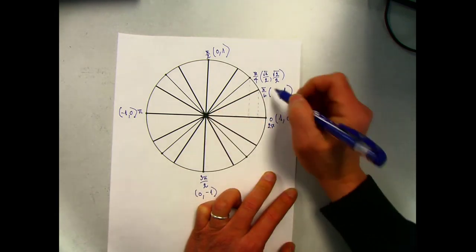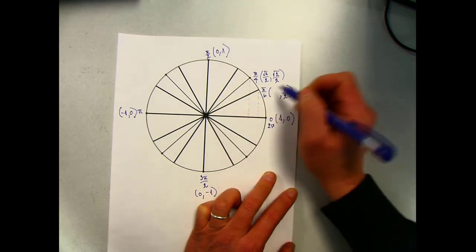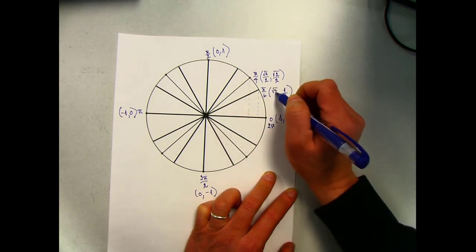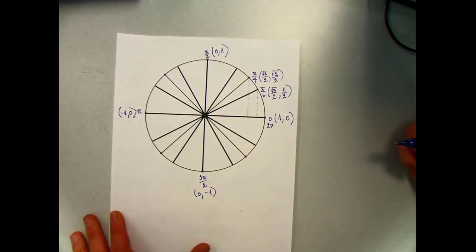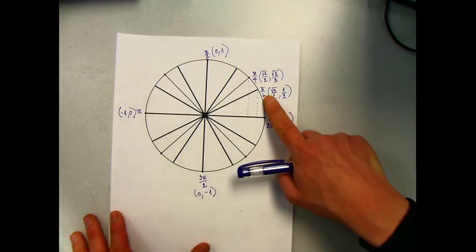And then the longer leg came out being square root 3 over 2, according to the Pythagorean theorem. Sounds good? Right. So that's the pi over 6 angle.